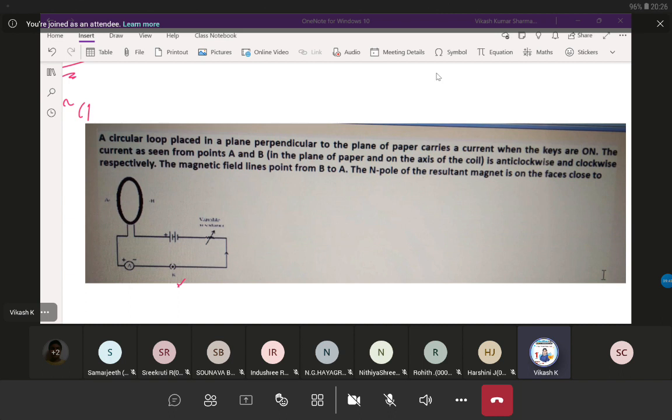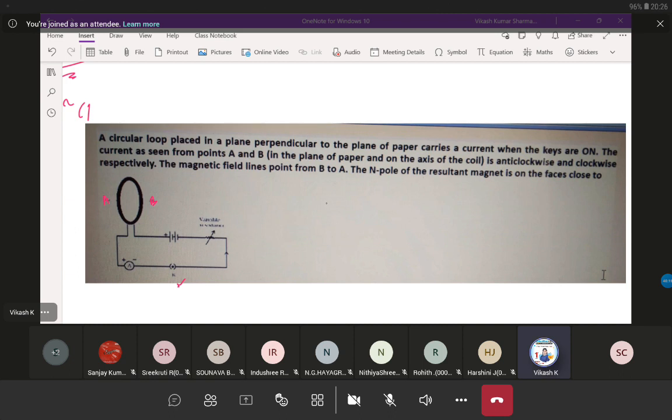Where is A and B? Sir, near the circular loop. This is A. Yes. This is B. Yes. The two points are given, A and B. The current as seen from point A to B in the plane of the paper, on the axis of the coil.